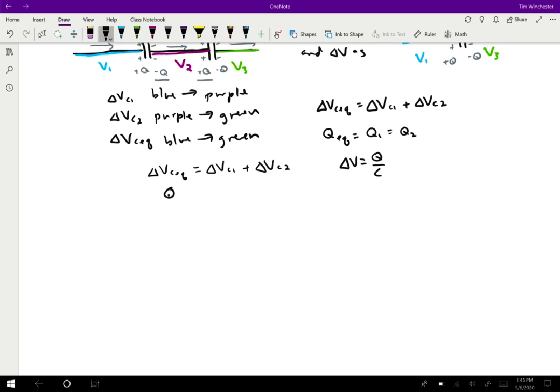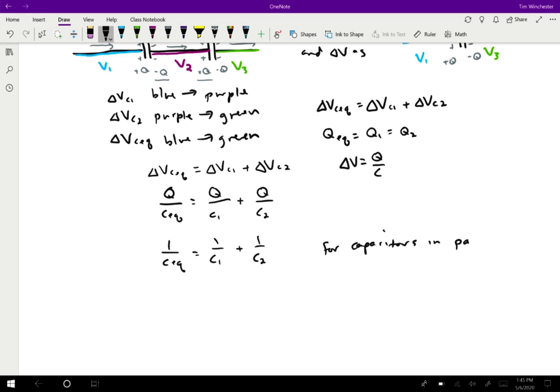So Q over C equivalent equals Q over C1 plus Q over C2. And I made the case that the charges are all the same. So if I cancel those out, I get 1 over C equivalent equals 1 over C1 plus 1 over C2. Okay, so that's the relationship for capacitors in parallel, or sorry, in series.